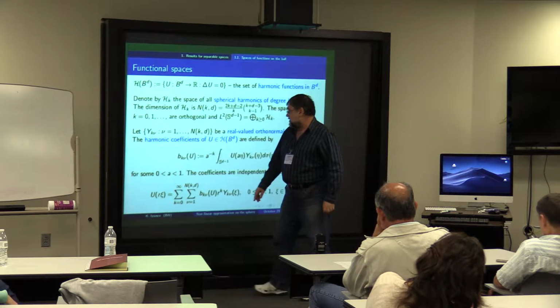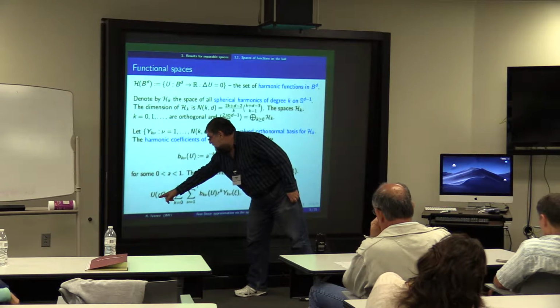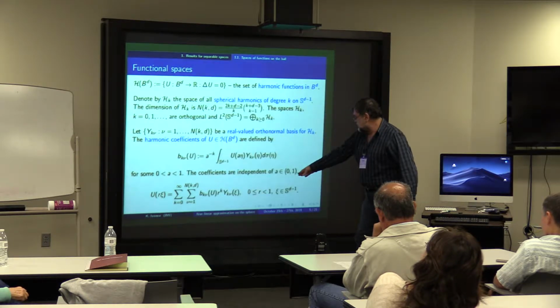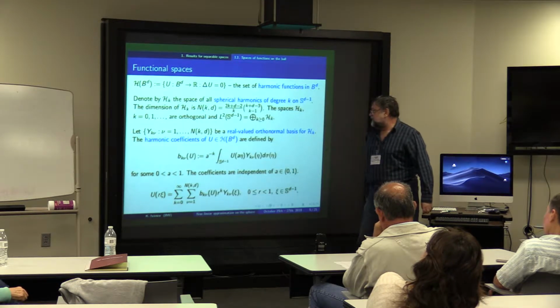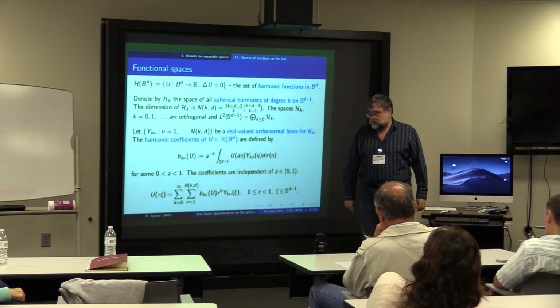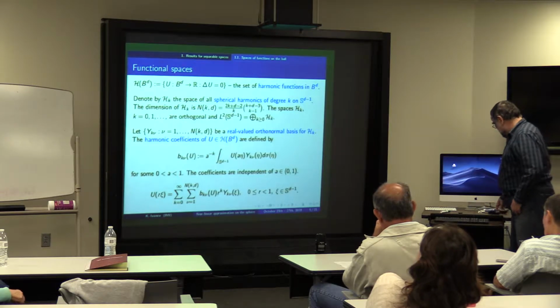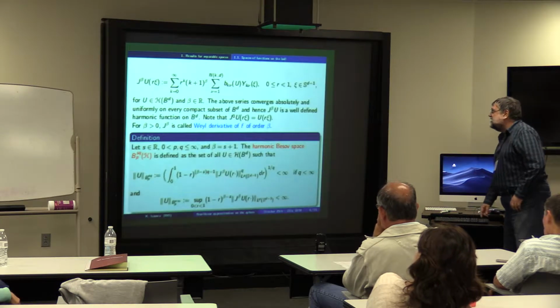The value of the function at distance r from the origin, in a direction on the sphere, can be written in this series. Now, about the convergence of the series, on the next slide.